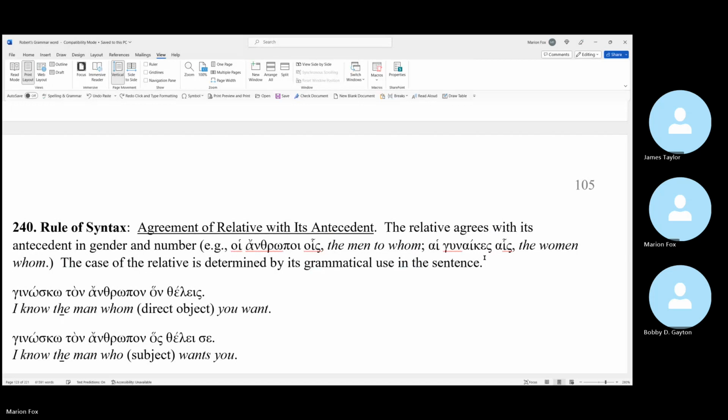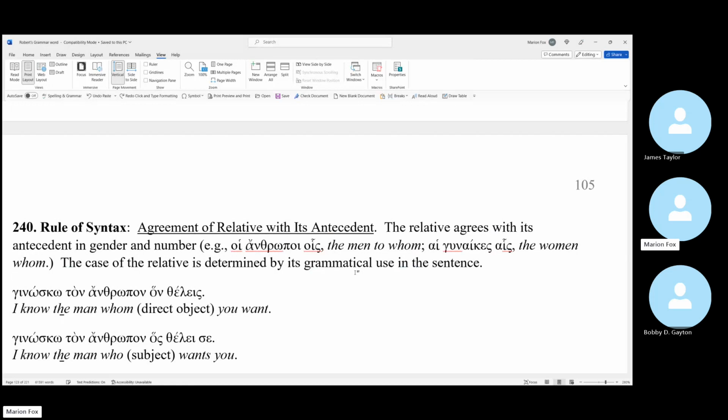All right, any question there? The case is determined by its grammatical use. It's different. See, the other pronouns will agree in gender, number, and case with their antecedent. But the relative pronoun agrees in gender and number, but not necessarily in case.